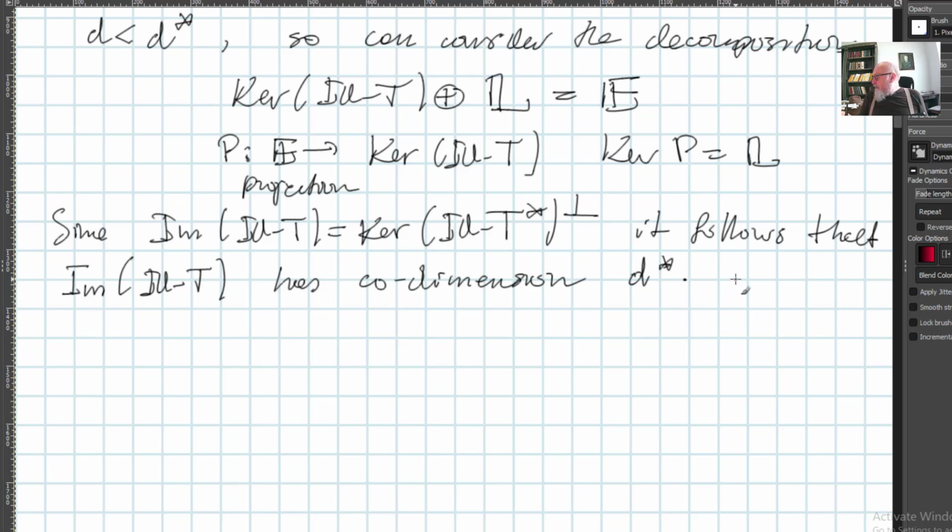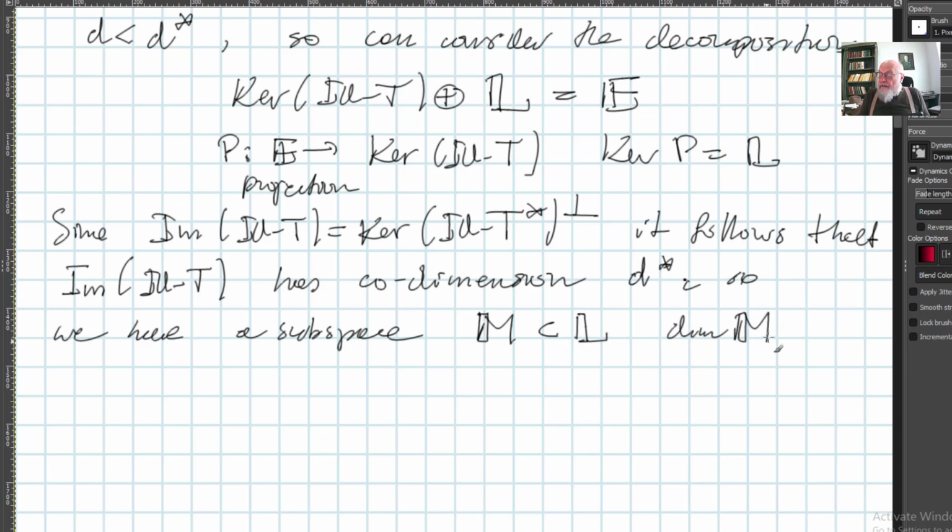And since we assume that, in such a case, we have a subspace of finite dimension, call it L, and I call here, maybe, this subspace M, which is contained in L, such that the dimension of M is equal to D star.